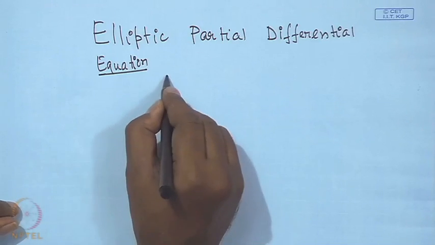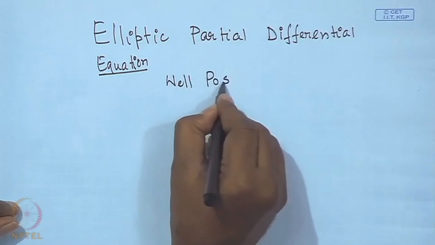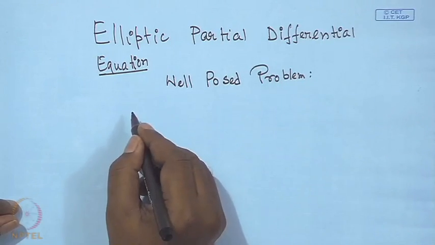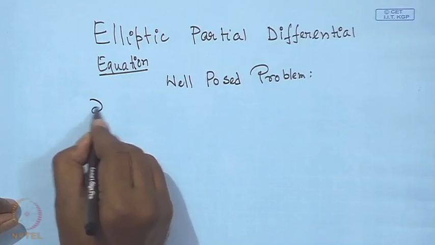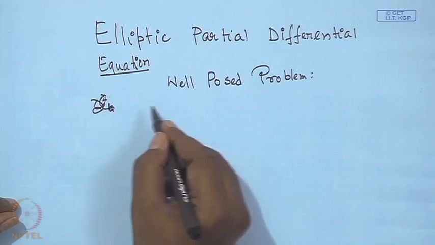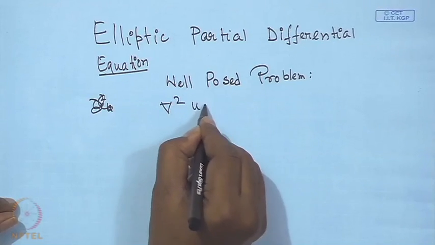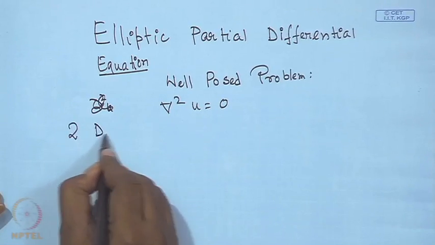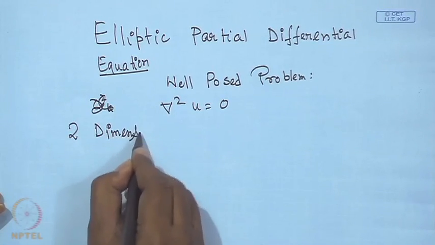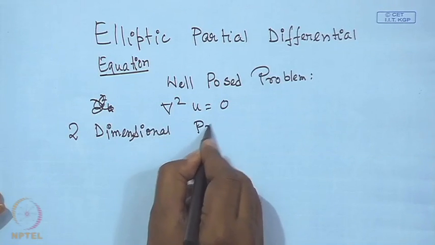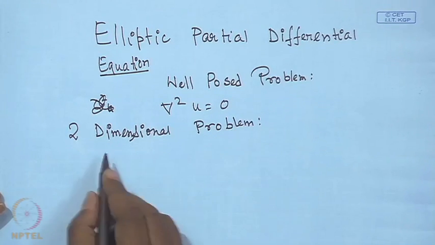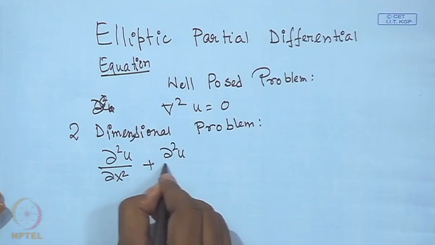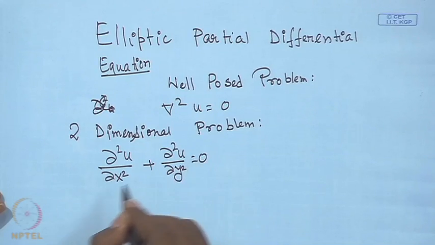The well posed problem will be something like this: del square u. So, an elliptic partial differential equation is nothing but the Laplacian of u is equal to 0. First, we consider a 2-dimensional problem. So, this becomes del square u by del x square plus del square u by del y square is equal to 0.